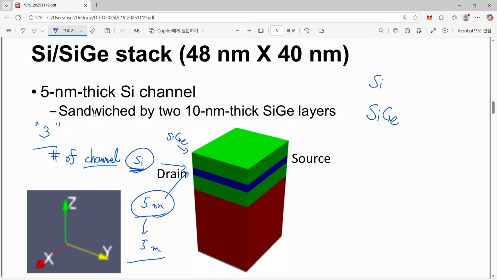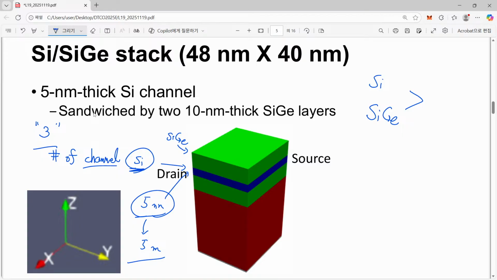Silicon and silicon germanium are assumed to have perfect separation in etching rate. When we try to etch silicon, we can perfectly etch away only silicon. And when we try to etch silicon germanium exclusively, that is also possible.